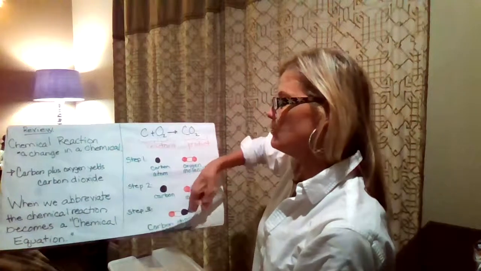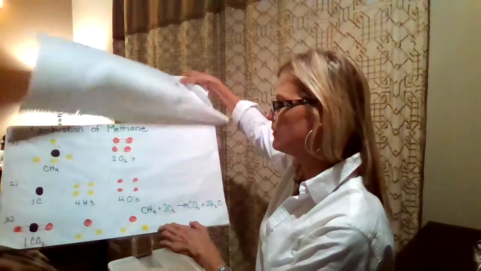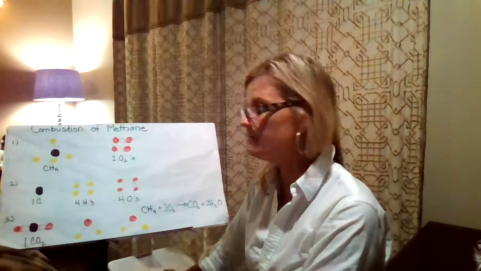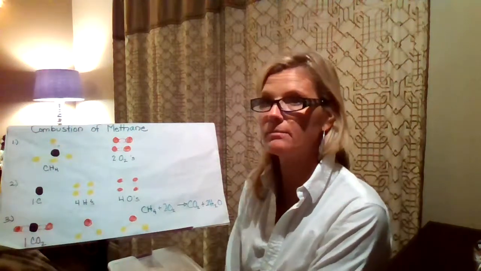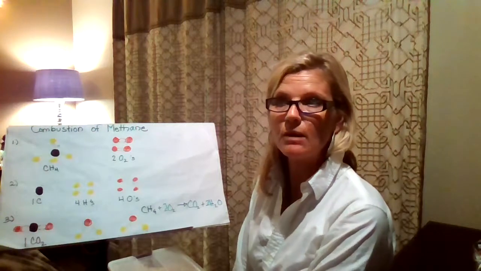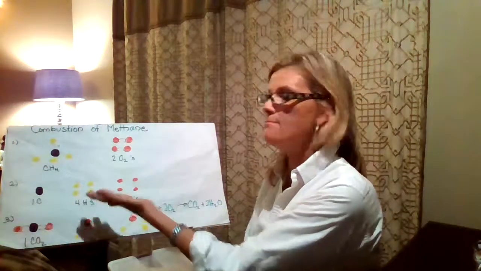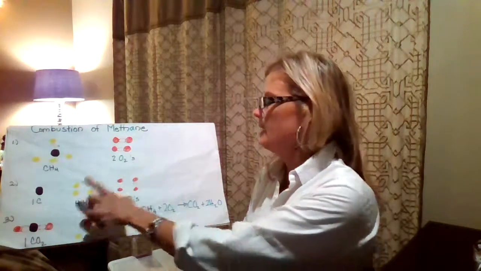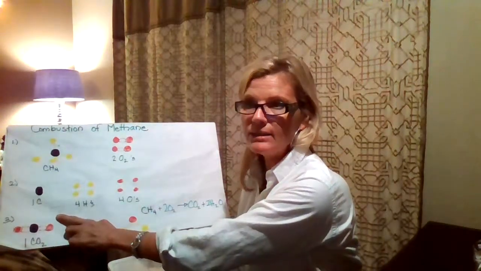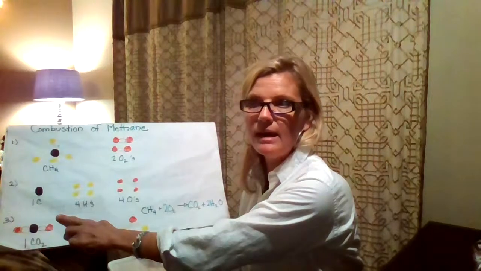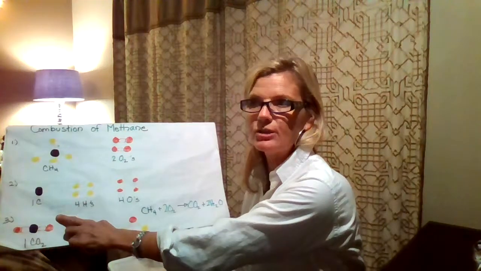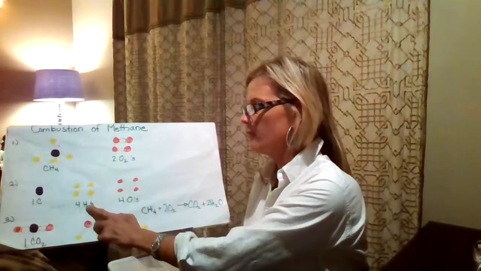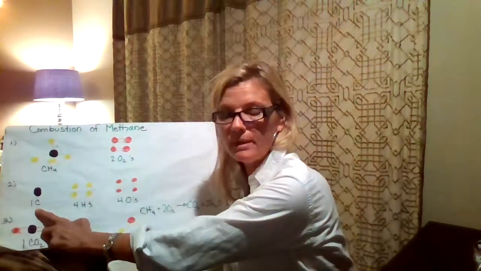Okay. So with that in mind, let's look at our example of the combustion of methane. First, we start with our reactants. We start with a methane and two oxygen molecules. The oxygen molecules each split apart into two oxygen atoms, making a total of 4 oxygens, 4 hydrogens, and 1 carbon.